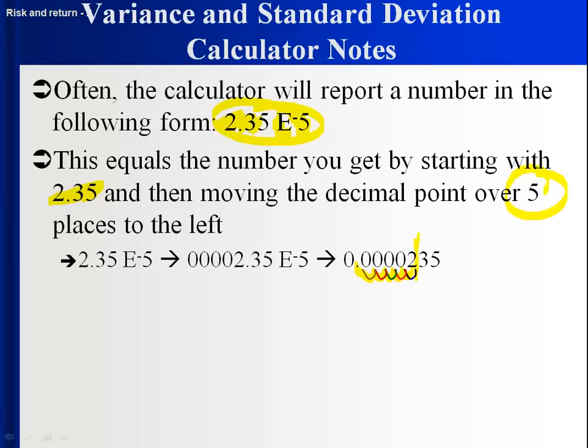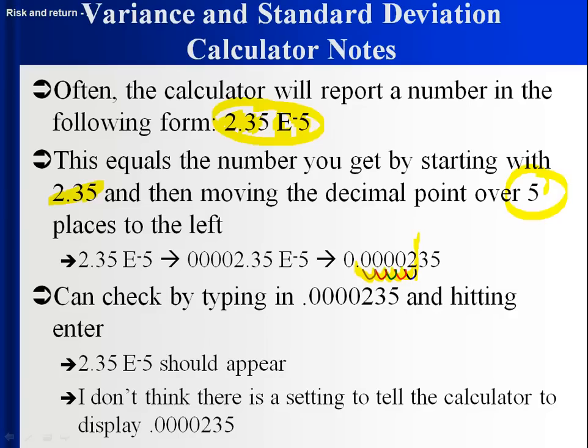Now, here's what's neat. Suppose you did the conversion and you want to make sure your number's right. What you can do is type into your calculator the number that you think it is, hit enter, and then 2.35 e to the -5th should appear.